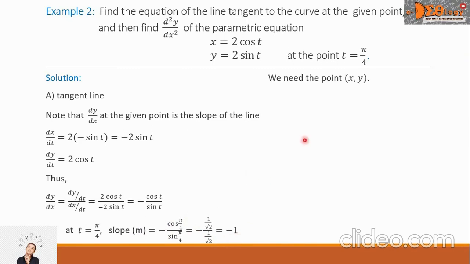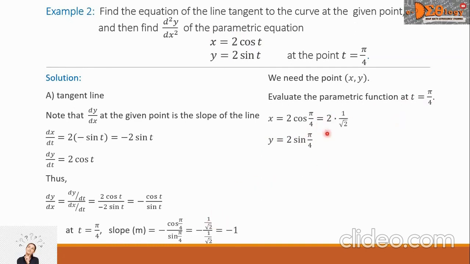The next thing we need is the point x, y. We are going to evaluate the parametric function at t equals pi over 4. Let us copy the equations here again and substitute the value pi over 4 for t. So we have x equals 2 cosine of pi over 4, and y equals 2 sine of pi over 4. This cosine pi over 4, we had the value a while ago here.